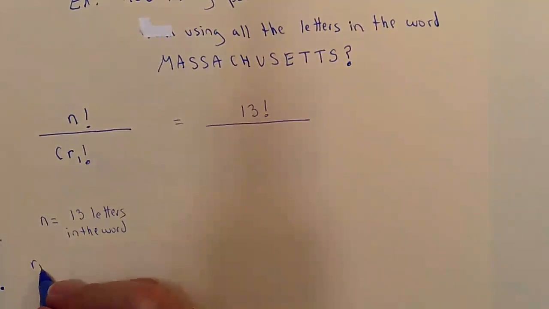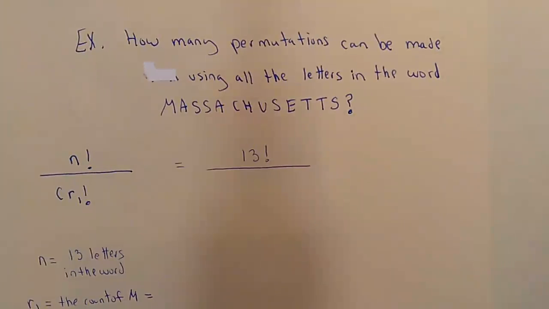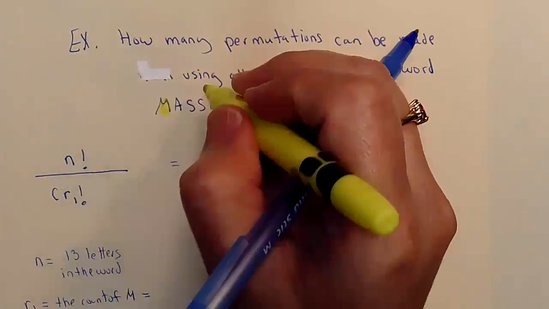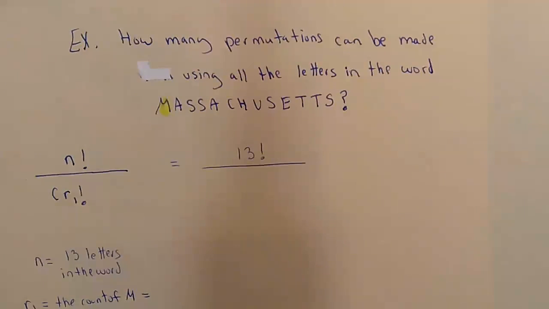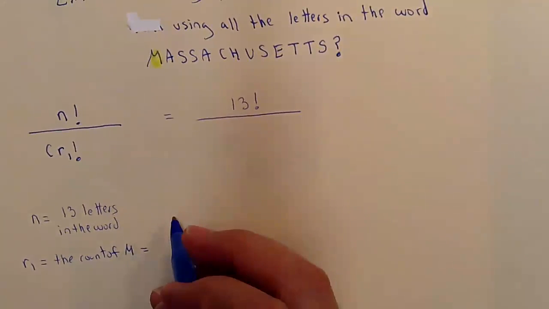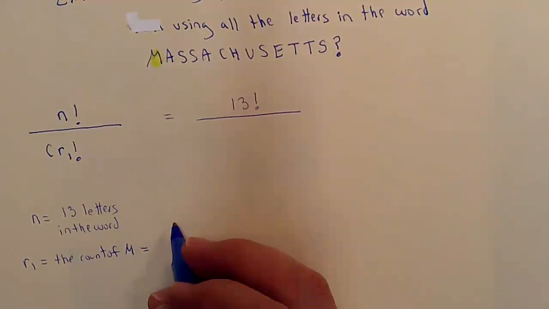And then R1 is going to equal the count of, and I'll start with M's. If you did get the answer, you can just fast forward. So R1 is equal to count of M, which is 1 factorial. There's just one M.